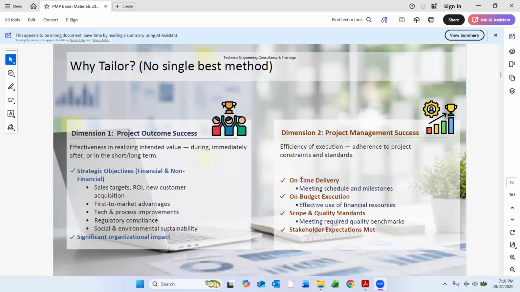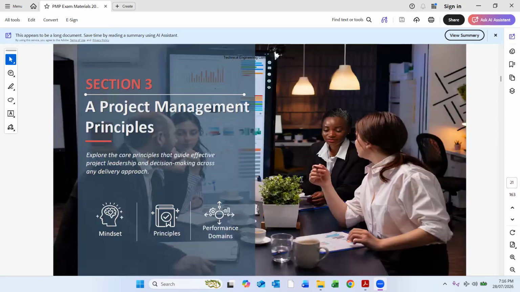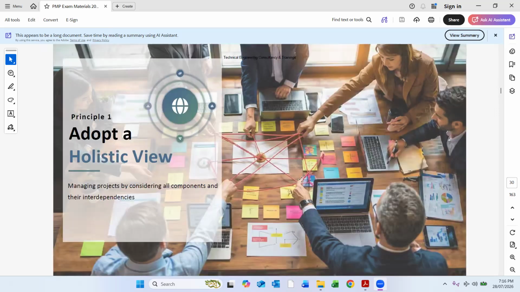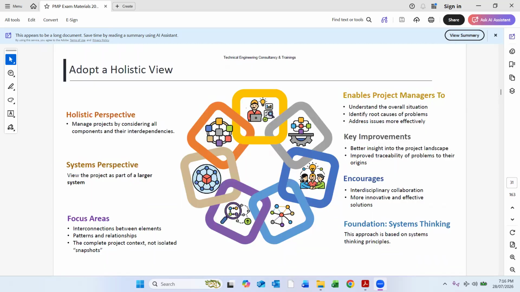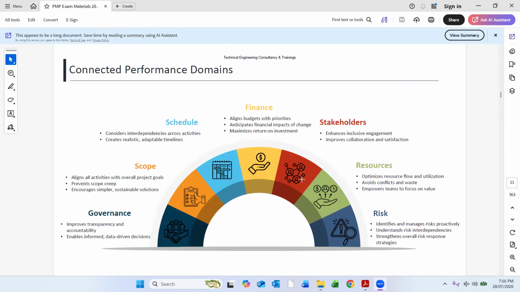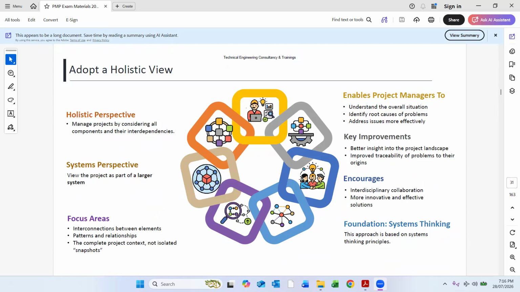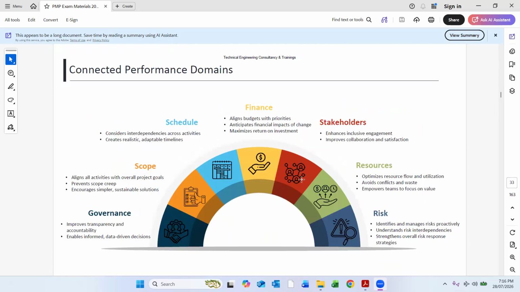Sir, page number 30, 31. Focus areas is written, but it's different. Adopt a holistic view also.